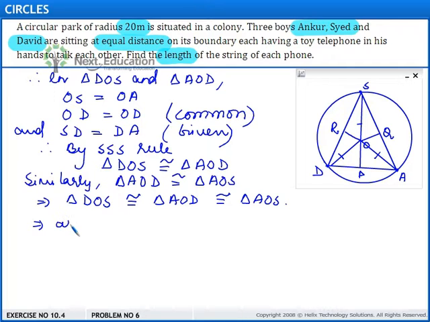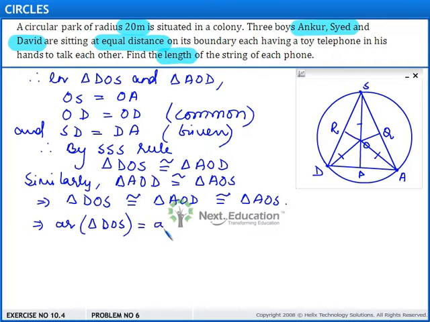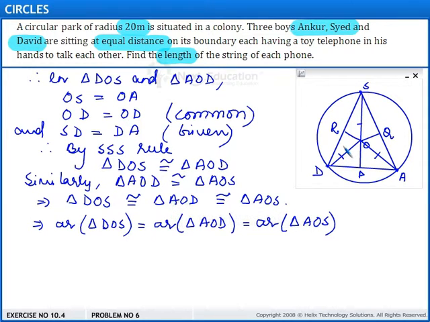This implies that their areas are equal, that is, area of triangle DOS is equal to area of triangle AOD is equal to area of triangle AOS. Now we are given that the radius is 20, therefore OD is 20, OS is 20 and OA is also 20. And OP is perpendicular on DA, OQ is perpendicular on SA and OR is perpendicular on SD.